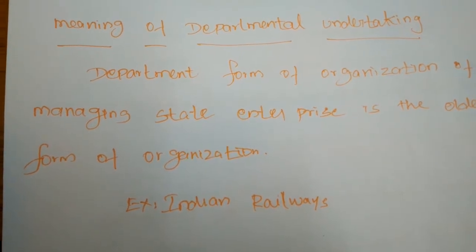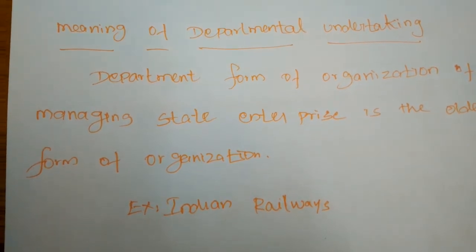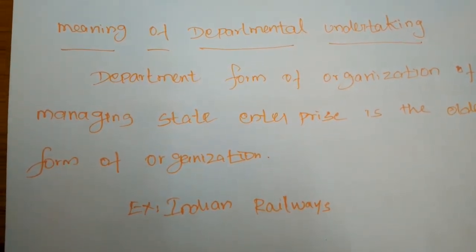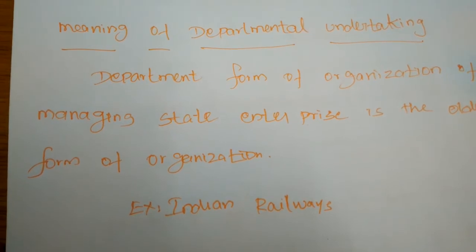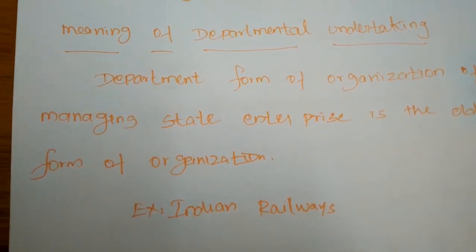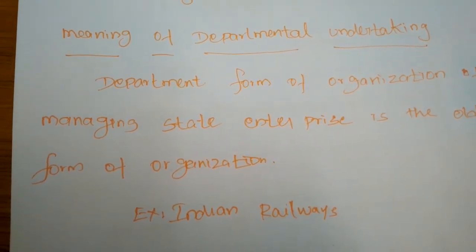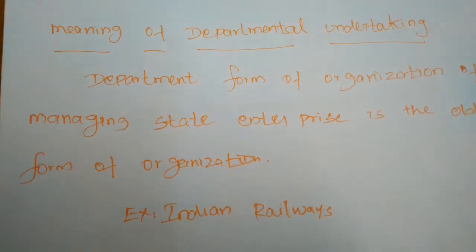Therefore, most of the early state-owned enterprises were the best examples of the departmental form of organization. Under this form, a public enterprise is run as a separate full-fledged ministry or as a major subdivision of a department of the government.